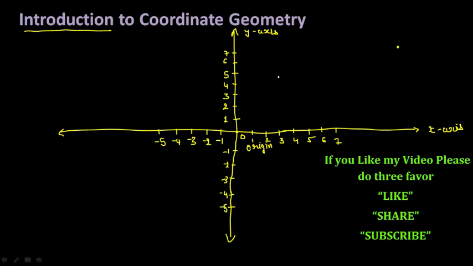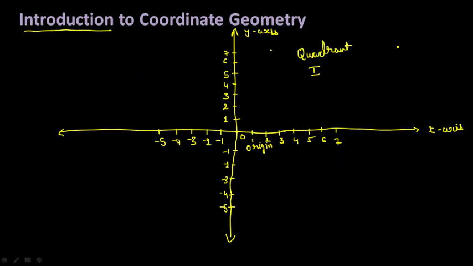So in this way they had divided the plane into four parts and they had also given names to those parts. This part is called quadrant 1. You need to keep this in mind. These are four quadrants we know, but this quadrant's name is quadrant 1 and this quadrant's name is quadrant 2.